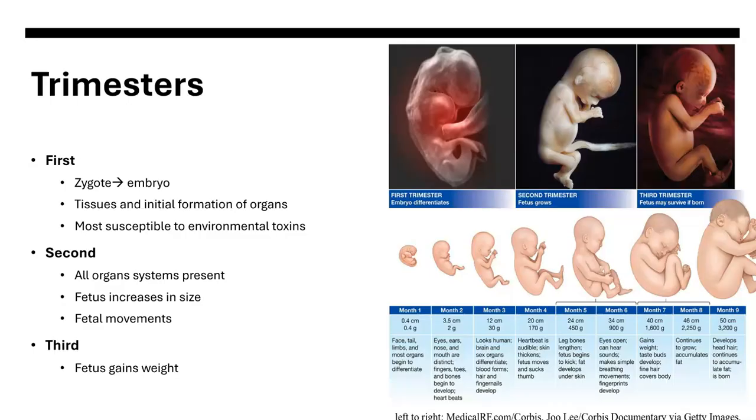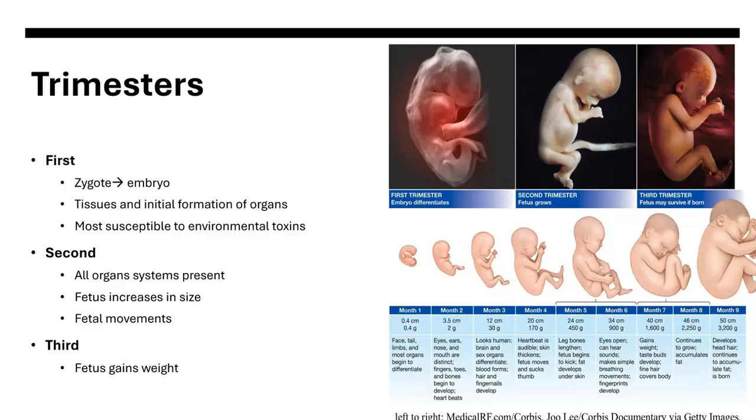This is when we have the zygote, the fertilized egg. It travels down into the uterus, implants into the uterine wall, starts to go through mitotic divisions, develops those germ tissue layers, and then goes through organogenesis to start getting those organ systems in place. So that's the first trimester.